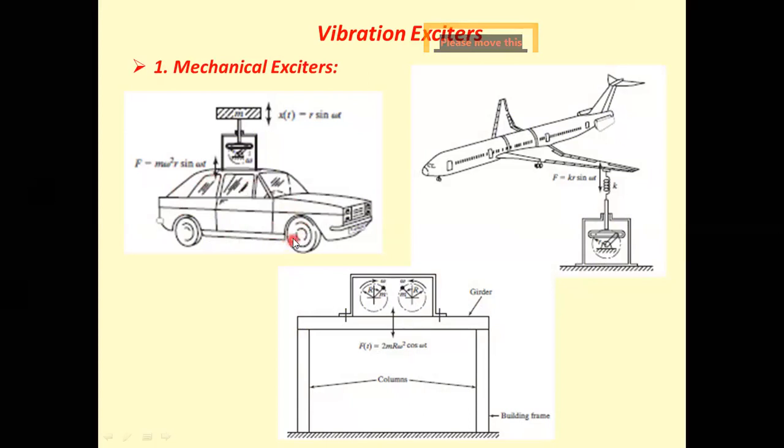In that diagram, there is an automobile or car, which is the vibrating structure or body. Above that, there is a Scotch-Yoke mechanism, which consists of a crank. When this crank rotates, there will be movement of the mass through the guide in a vertically upward or downward direction, depending upon the rotation of the crank.